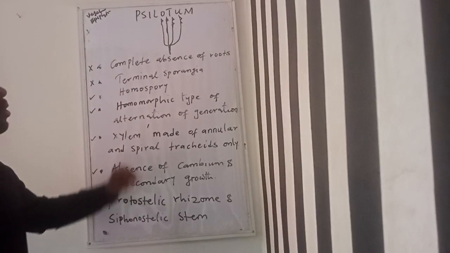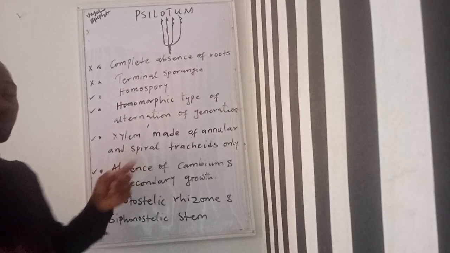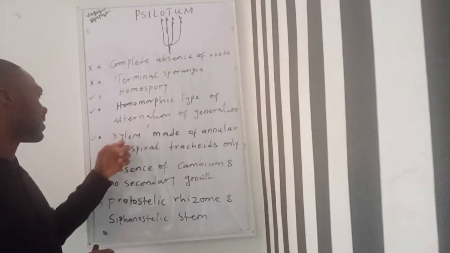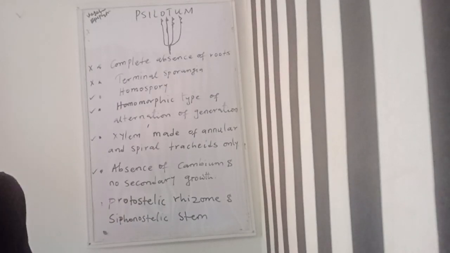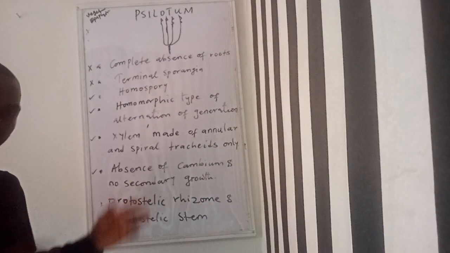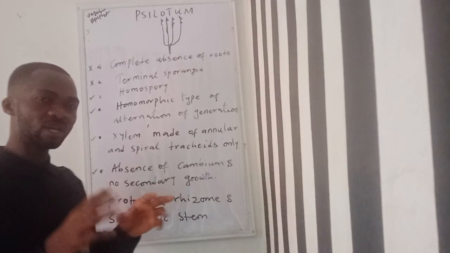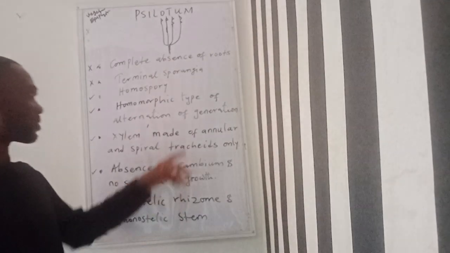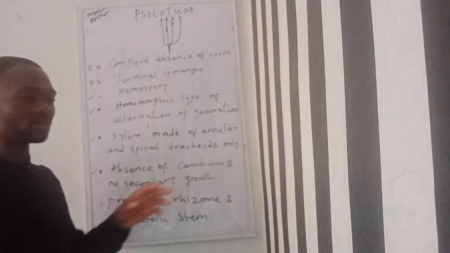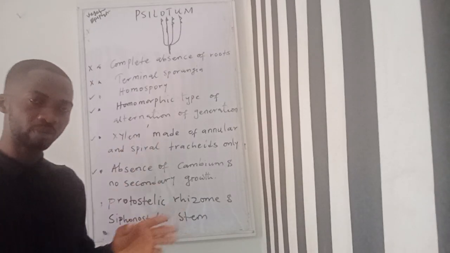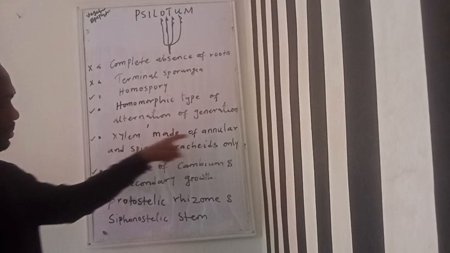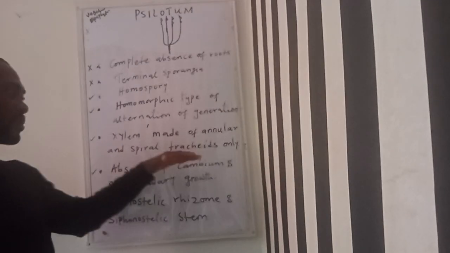But in the case of Psilotum, which is an example of Pteridophyta, their xylem lacks vessels. They only have tracheids. The annular tracheids are ring-like in structure, and there is also a spiral shape. That is what we mean by xylem made up of annular and spiral tracheids only.